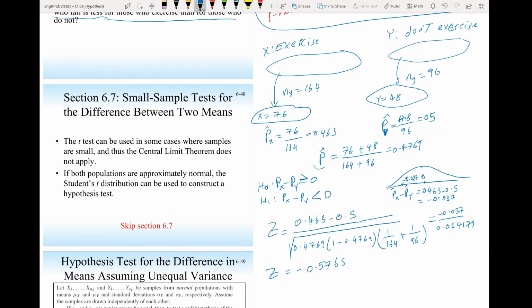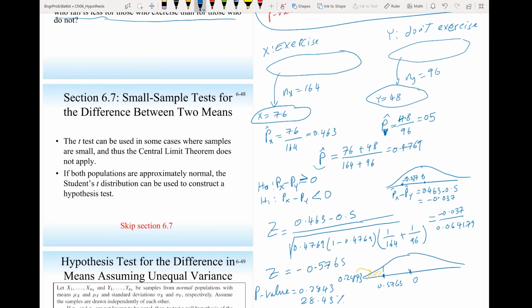So the z-score equal minus 0.5765. And if I use the standard normal distribution table, minus 0.5 is here, and the p-value will be 0.2843. So the p-value is 0.2843, that is 28.43%.